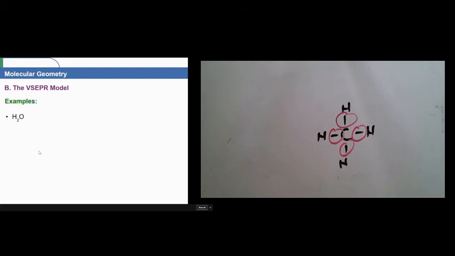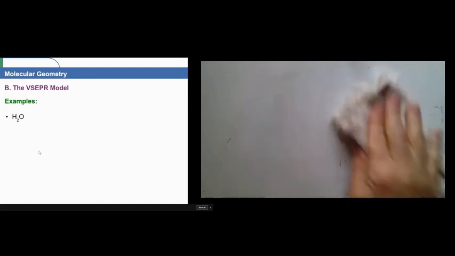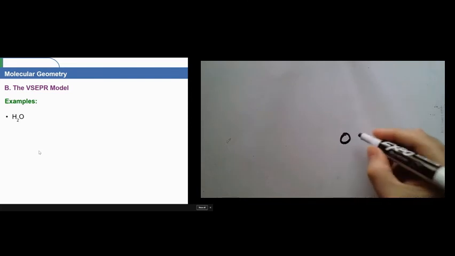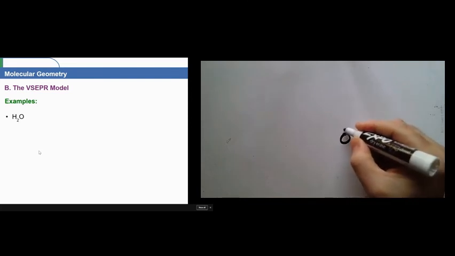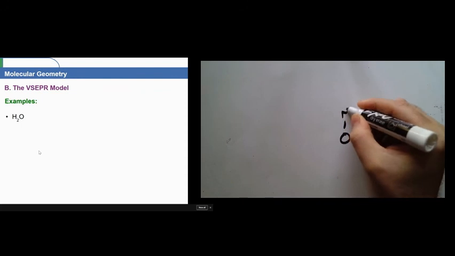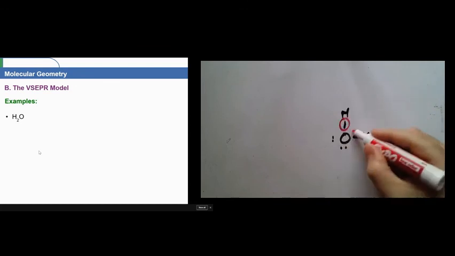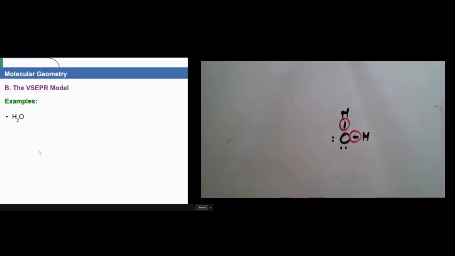And the last one is going to be water. Now water, H2O, has an oxygen that is bonded to 2 hydrogens. Now when you draw it, water looks like this. Now here you have 2 shared pairs of electrons, and you have 2 unshared pairs.